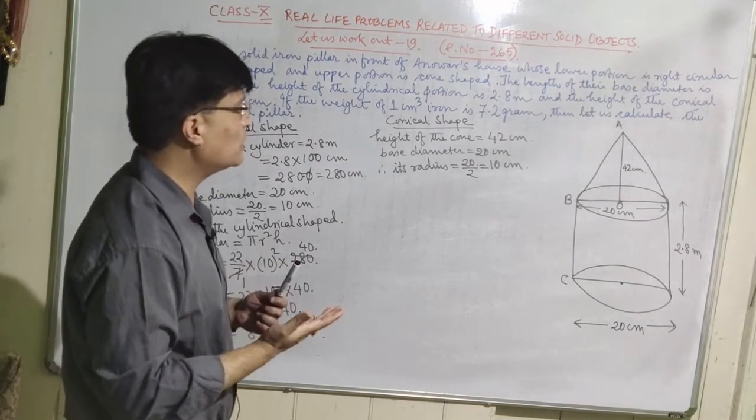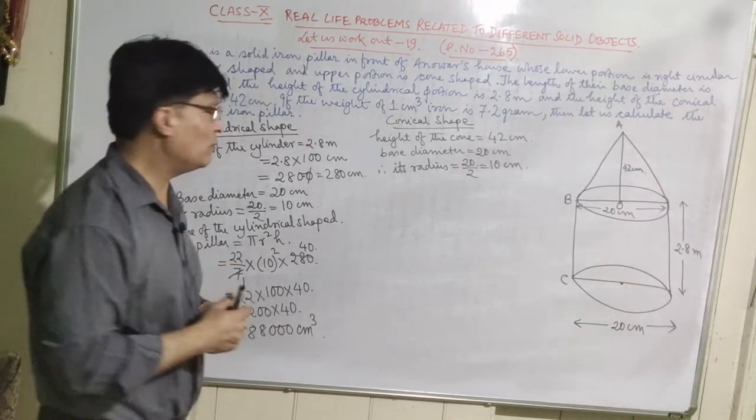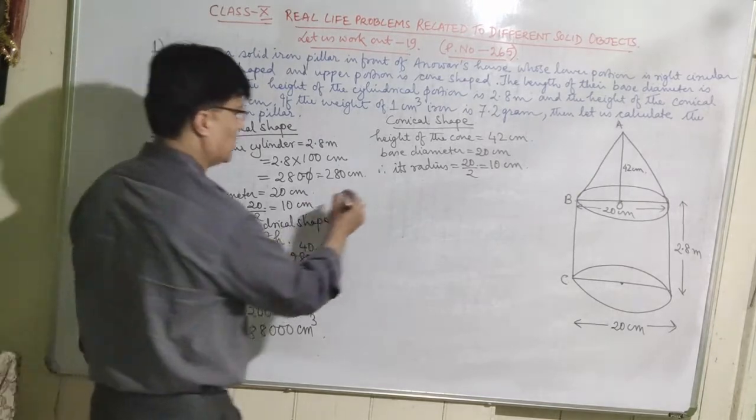So now what will you do next? Now in this case, you have to find out the volume of the conical shaped iron pillar.